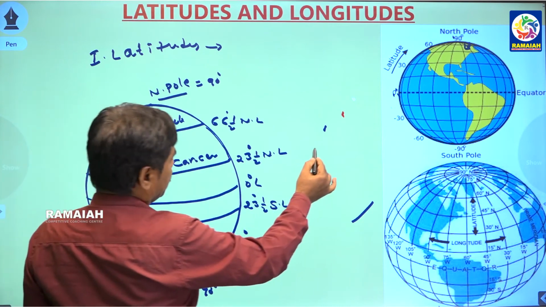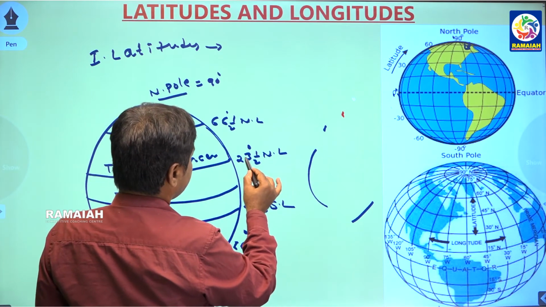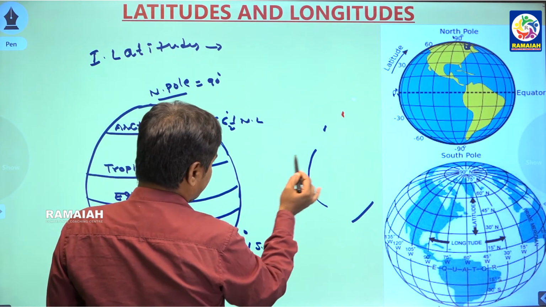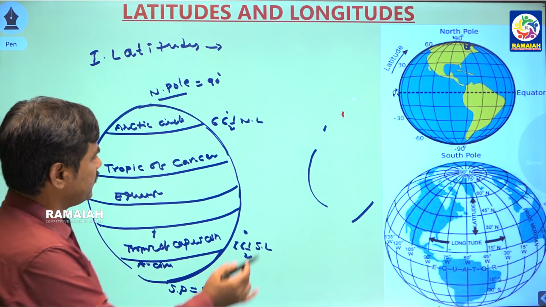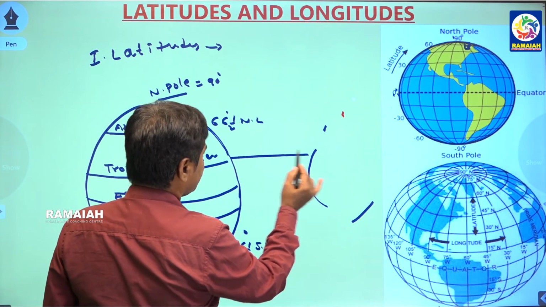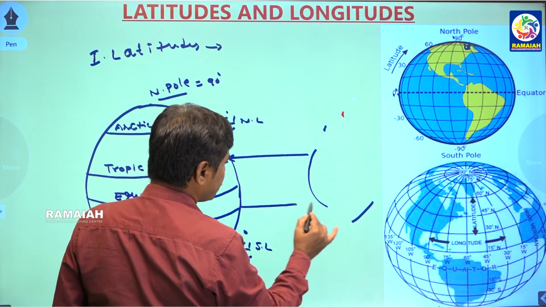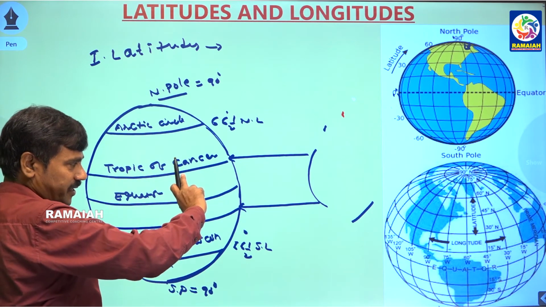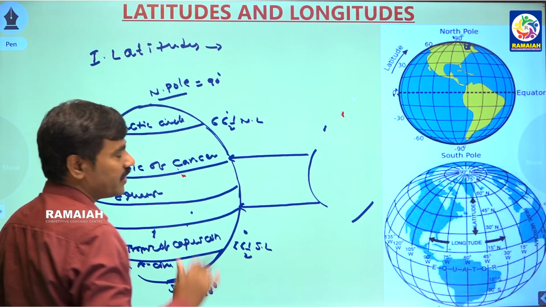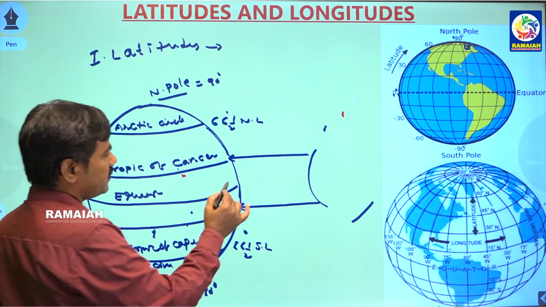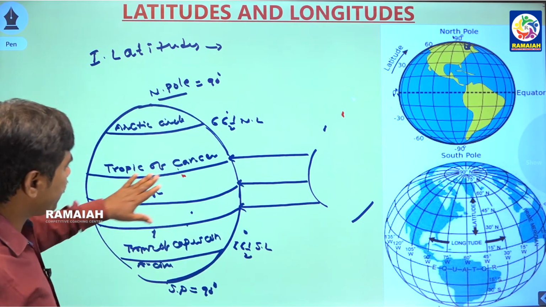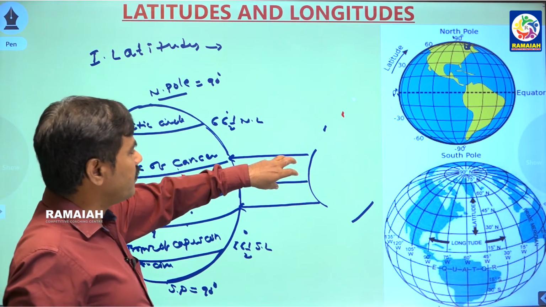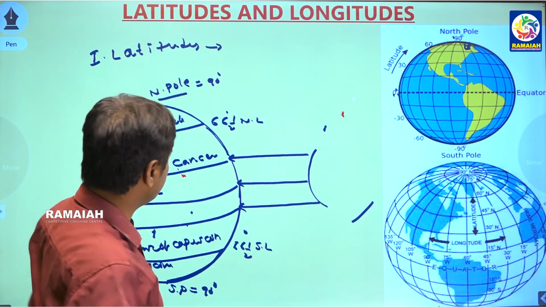Now you can see the sun rises on the eastern side of the Earth's surface. The sun's rays fall on Earth's surface vertically in between the Tropic of Cancer and the Tropic of Capricorn. This region is receiving the vertical rays from the sun.